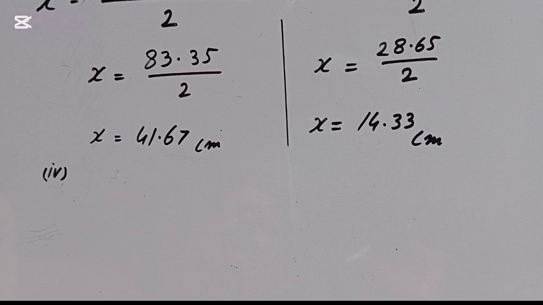Now in part 4, this is asked that how many posters can be pasted on a 4 meters lengthy wall without any overlap. First of all, the 4 meters length of the wall to be converted into centimeters.